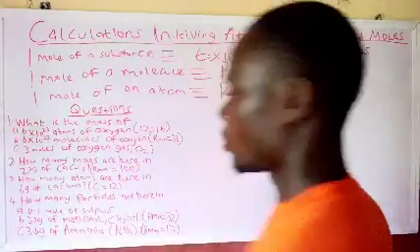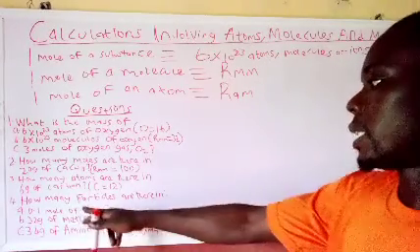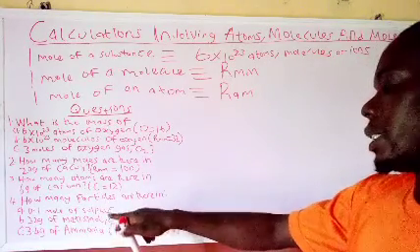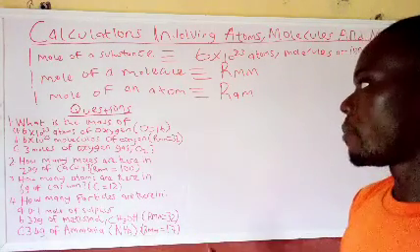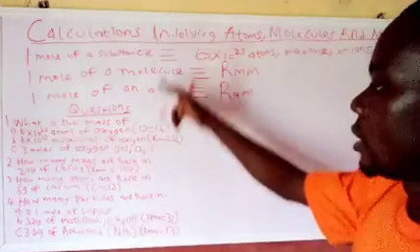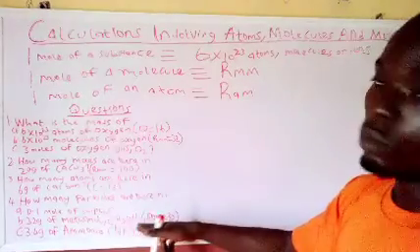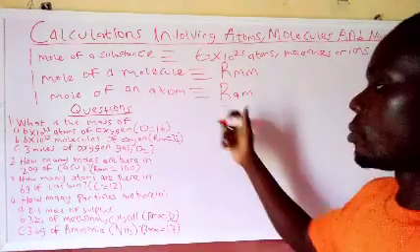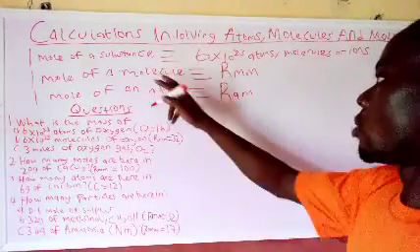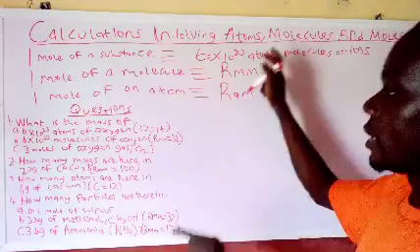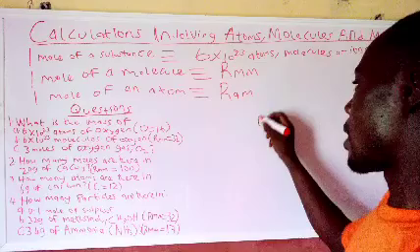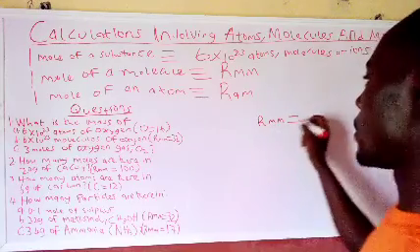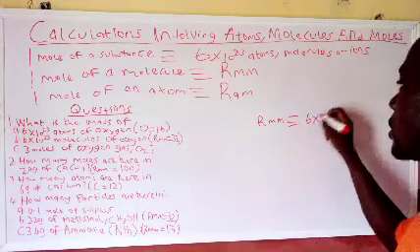Let's move to methanol. They said, how many particles are there in 32 grams of methanol? Methanol is a molecule, so it's not an atom. So just relate the relative molecular mass and this number here. RMM is equivalent to 6 times 10 to the power 23.